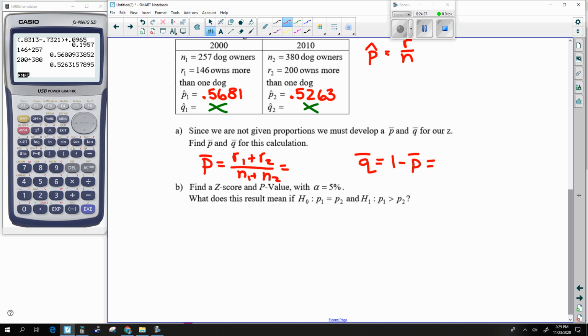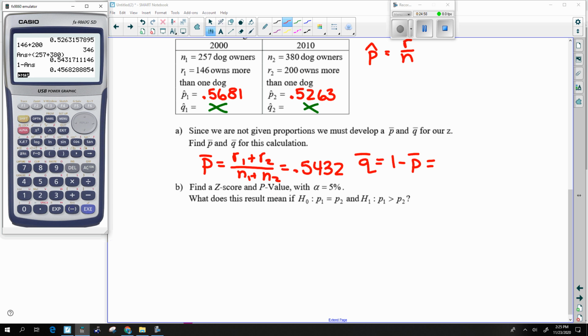Okay, P bar is R1 plus R2 divided by N1 plus N2. One minus that is going to get you your Q bar.